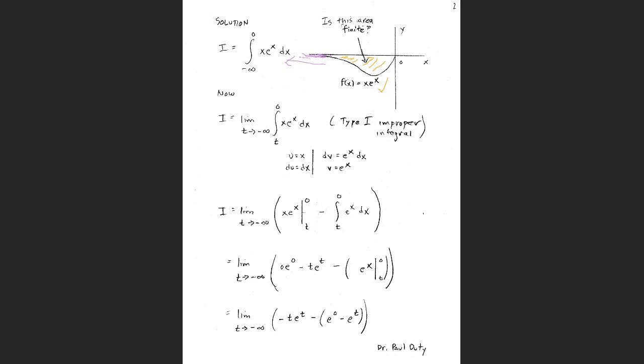This is, by the way, what's called a type 1 improper integral, because the bottom limit is negative infinity. The integration techniques you've learned were in terms of proper integrals, where the bottom and top limits were finite values. So to handle this, we're going to consider a proper integral that has a finite upper limit of 0 and a finite lower limit of t.